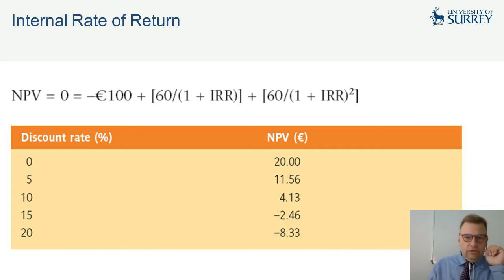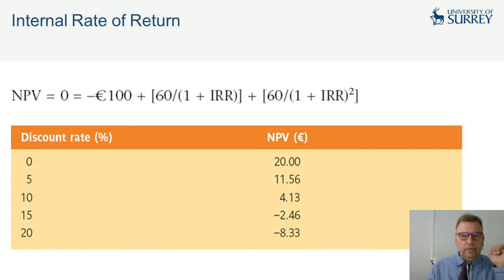So how does it go? Please concentrate on the fact that at 10% net present value is 4.13, and at 15% the net present value is minus 2.46. Do we have this in mind? Yes.